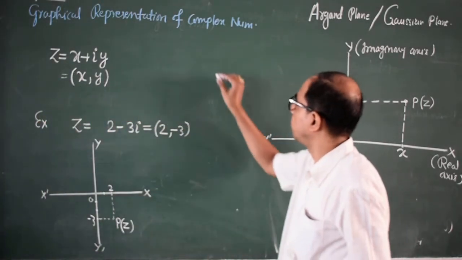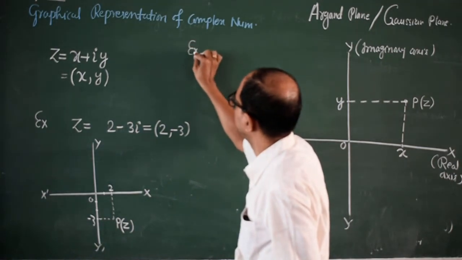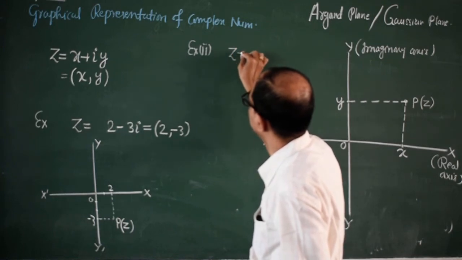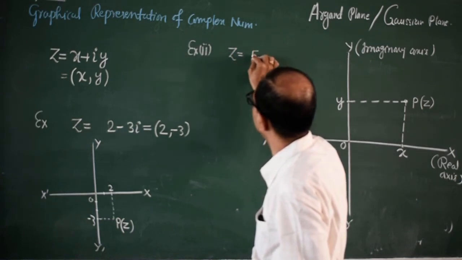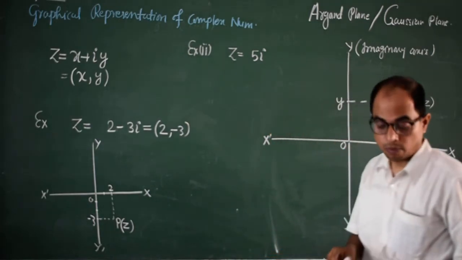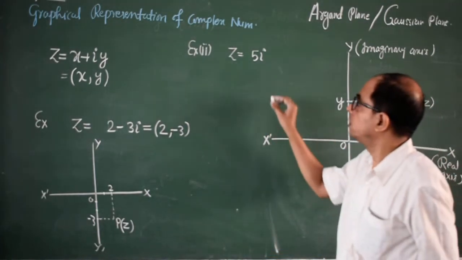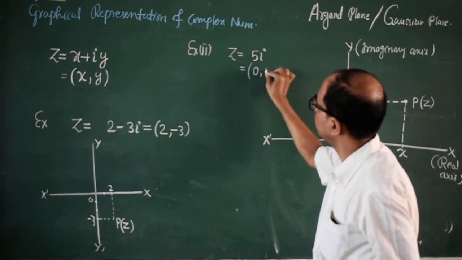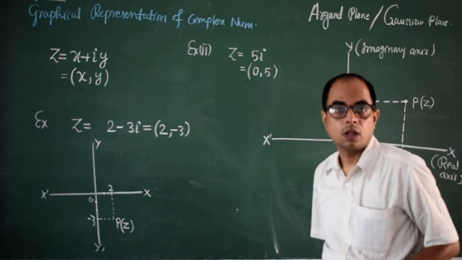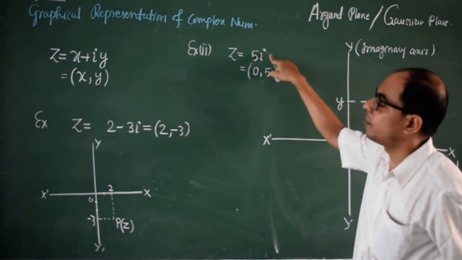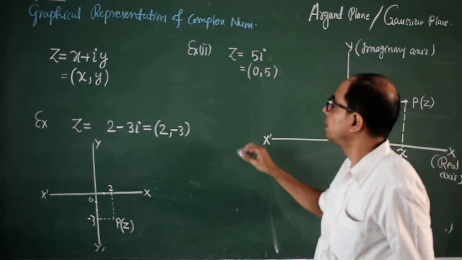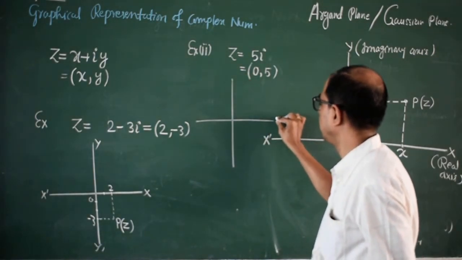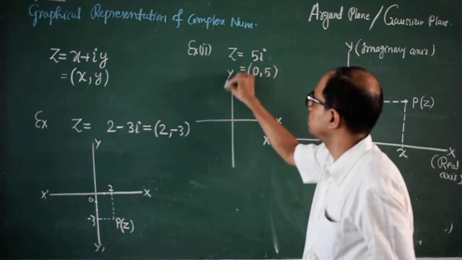Now take another example. Example 2. Suppose we have to plot z equal to 5 iota. So this can be written as: the real part is 0 and the imaginary part is 5. So this point will represent the complex number 5 iota. So this is the Argand plane, real axis, imaginary axis.